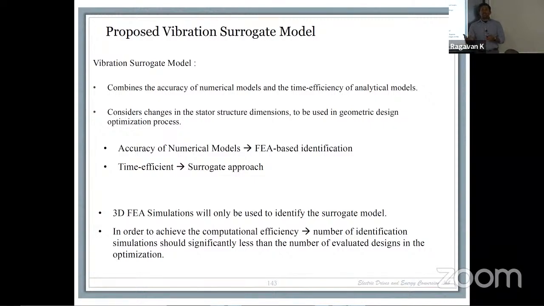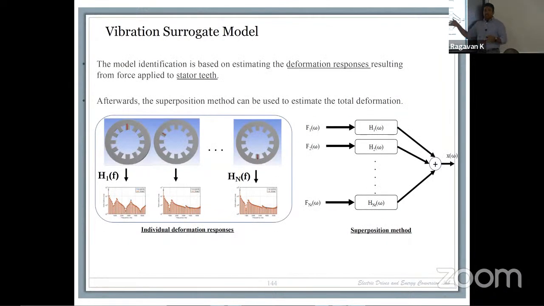I would not go as far as saying one is not good enough, because they all have value. The question is, can you add two of them together to create a product that is greater than the sum of the parts? Okay, so the accuracy of the noise models gives you FEA-based identification, and the time-efficient approach comes from the surrogate model.